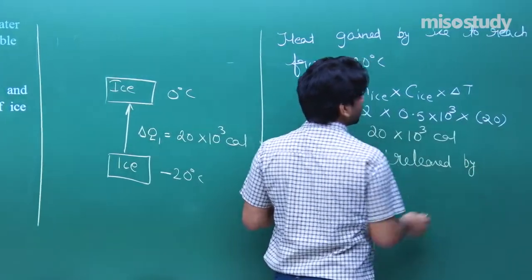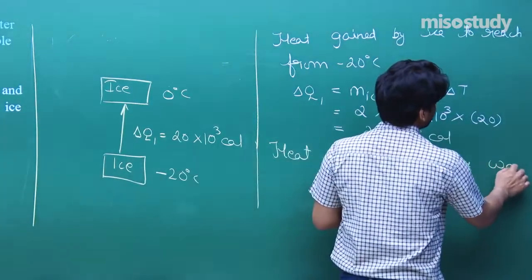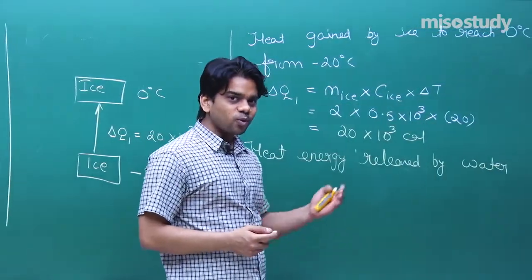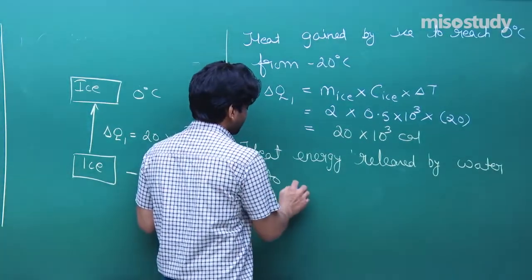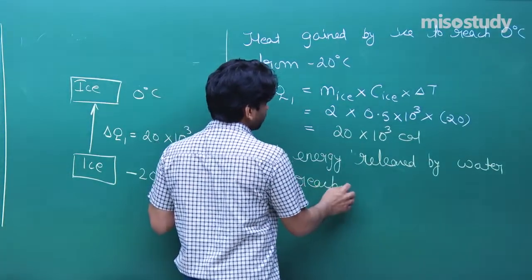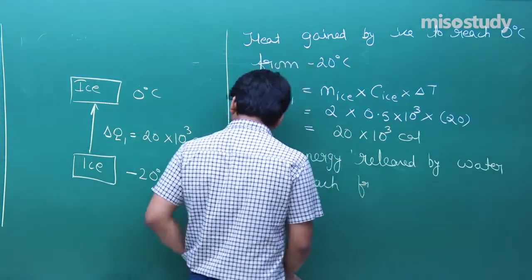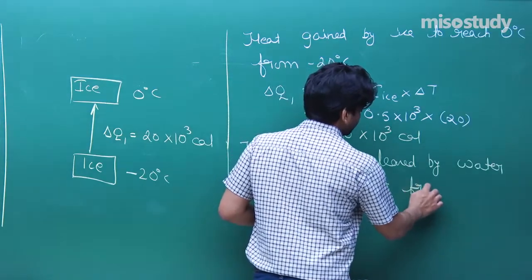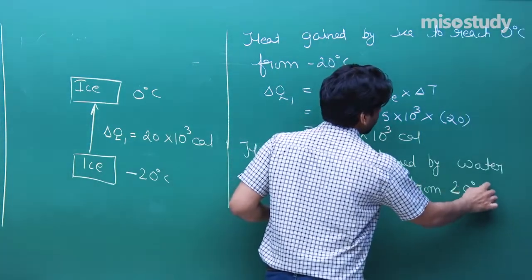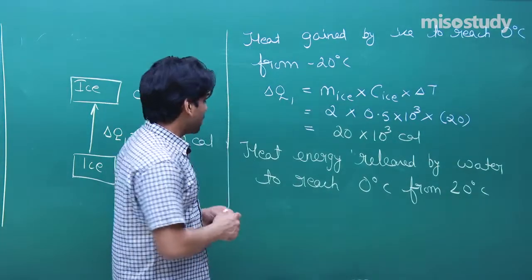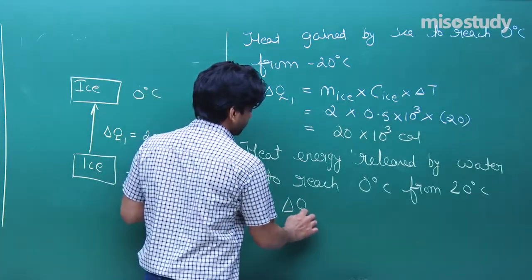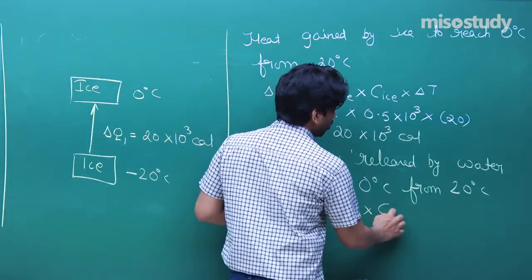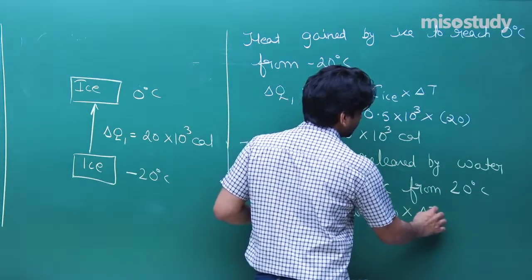Heat energy released by water to reach from 20 to 0, because it is going to release heat energy to reach 0 degrees Celsius from 20 degrees Celsius. Heat energy released by water will be again delta Q2, that is mass of water multiplied with C of water multiplied with change in temperature.